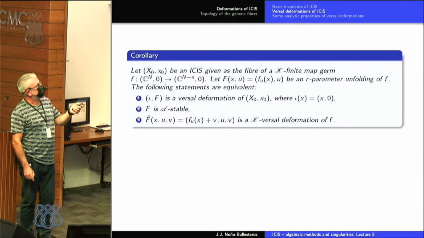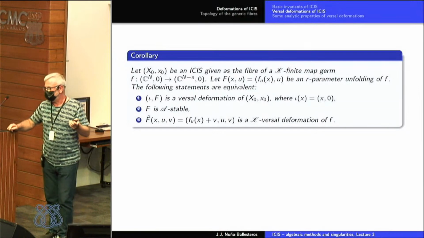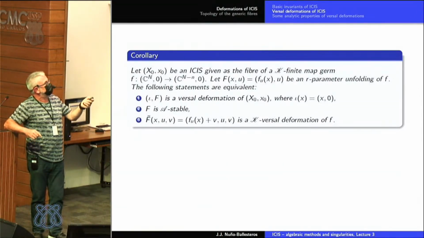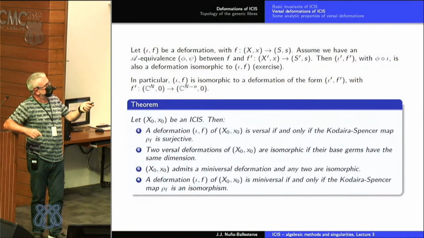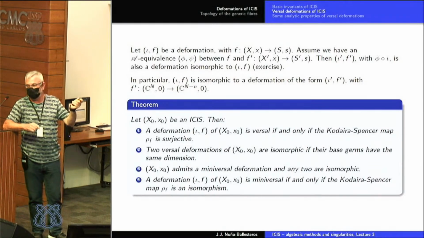So the equivalence between 2 and 3 was given yesterday in lecture 2 by Sirina. And the equivalence between 1 and 2 follows from the theorem, because of the first point: a deformation is versal if and only if the Kodaira-Spencer mapping is surjective, but the Kodaira-Spencer mapping is surjective if and only if the mapping F is stable.